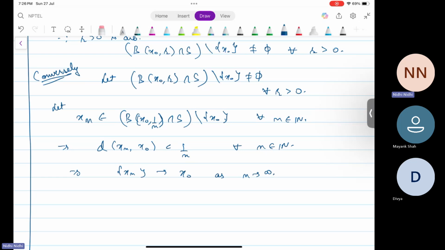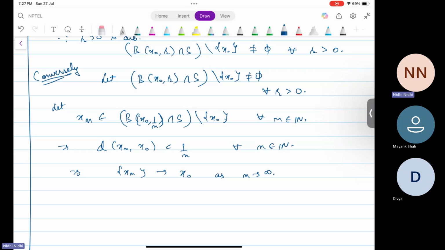Now, next step is to show that this sequence should be of distinct terms. None of the terms was equal to x naught, and the sequence was converging to x naught. So even if some terms were the same, we can remove those terms from the sequence, and the leftover sequence, the one having distinct elements, will also converge to x naught.